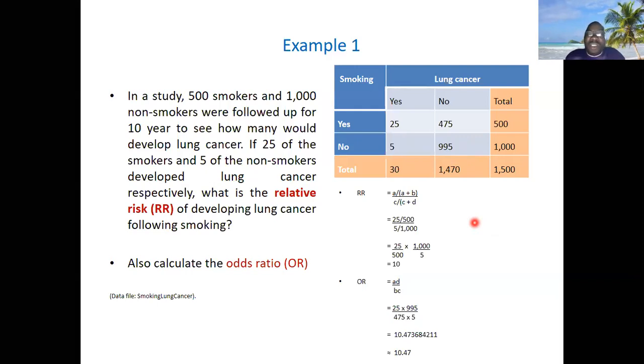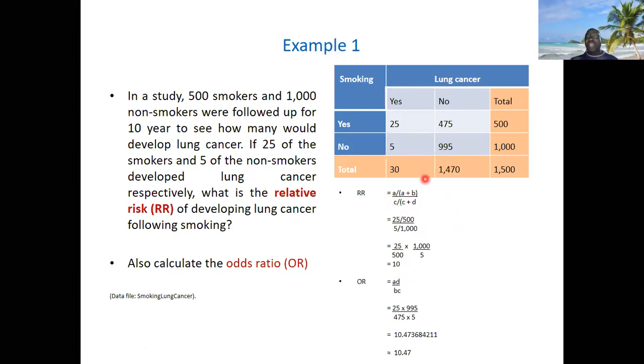The risk among the exposed will be, out of the 500 that are exposed, 25 that develop over 500. 25 divided by 500 is the risk of lung cancer among the exposed. Then, among the non-exposed, 5 out of 1,000, 5 divided by 1,000 is the risk.